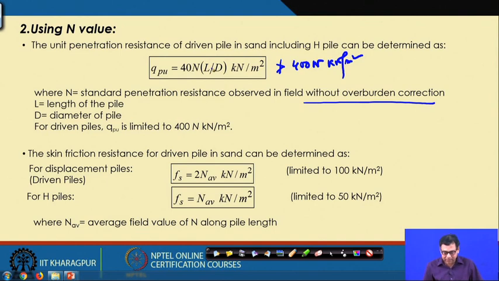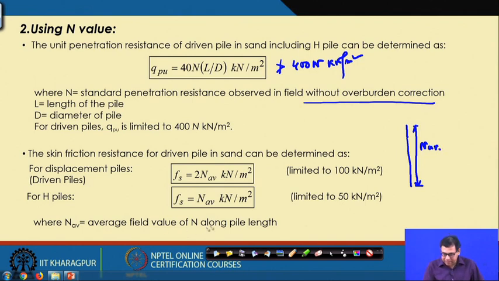And for the friction resistance we can use this, N average times 2 for the driven pile or the displacement pile, and for the H section pile Fs is the N average, where the average N value is along the pile. So, when I calculate the friction, then the average N value over the total length is used.